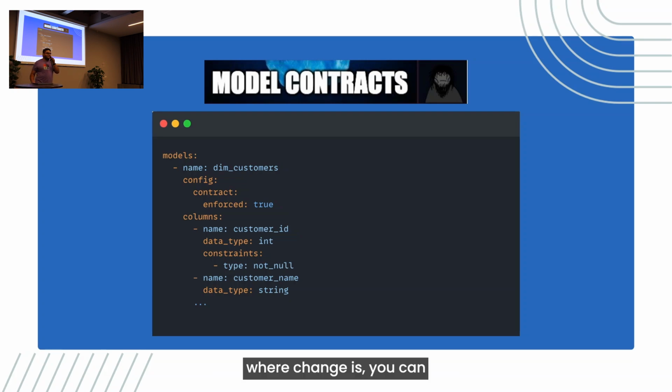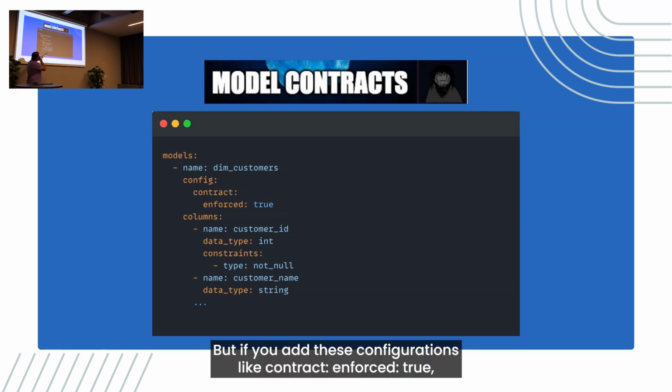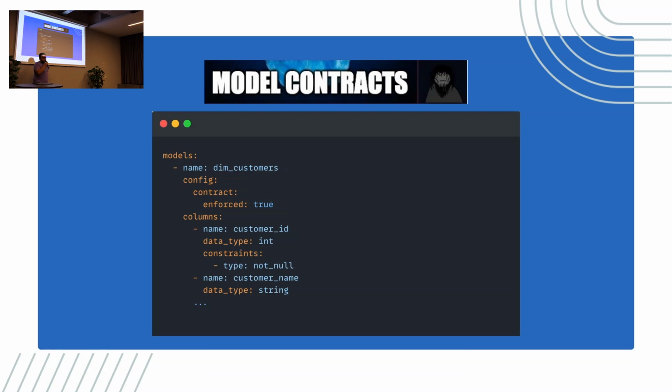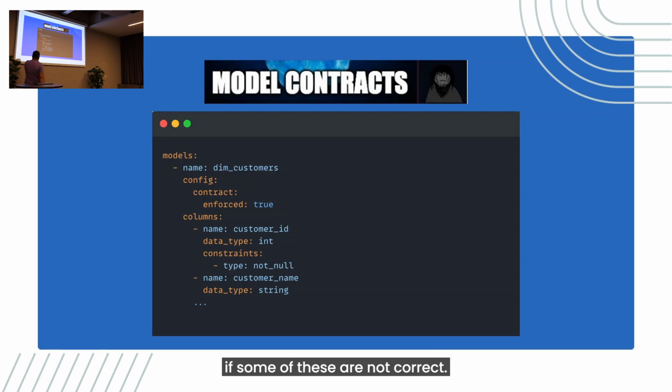What changed is you can, of course, specify things like data type, some constraints like not null. But if you add this configuration, contract enforced equal to true, which is implicitly there in every single YAML, it's just that by default it's false. If you turn that to true, it is going to fail if some of these are not correct.